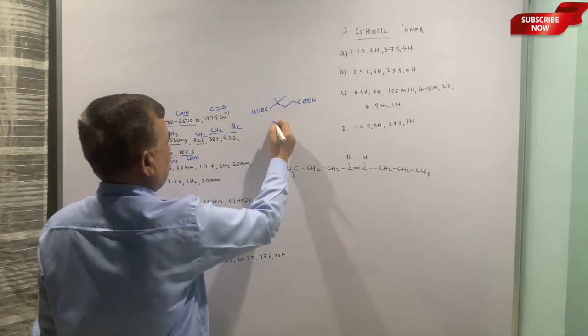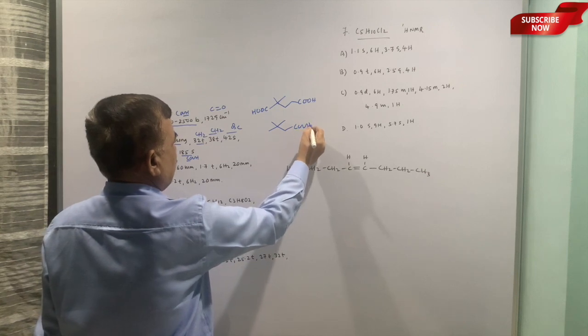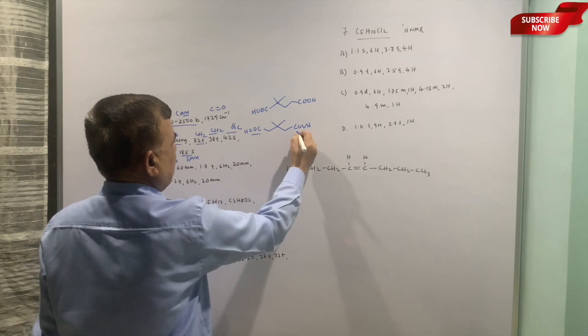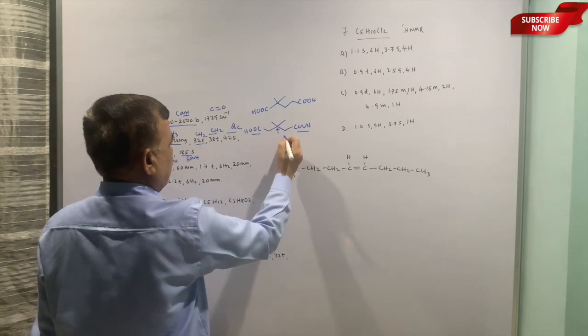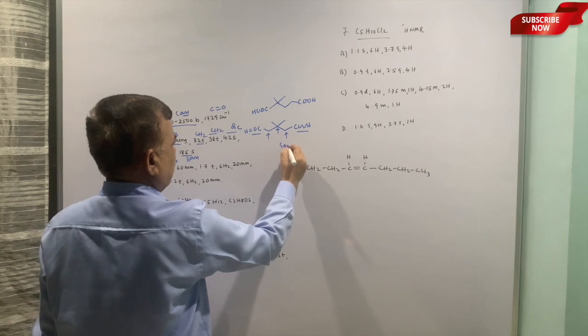If I put it this way, let us put the earlier structure and check, this is okay, this is 1, but these 2 methylenes would be the same.